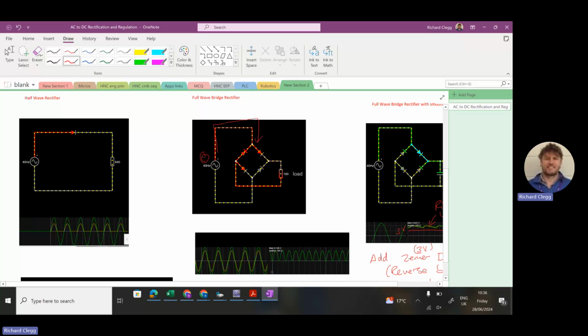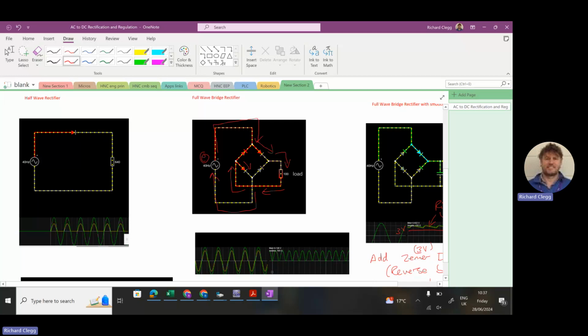Well, the diode is in forward bias, so it would choose to take that one. It would be blocked from this one because that would be reverse bias, and then it would go traveling on through the load resistor back through here. Which way do we go? Well, we go the forward bias, and we're blocked off this reverse bias, these two here, so we end up going right round there back to the terminal.